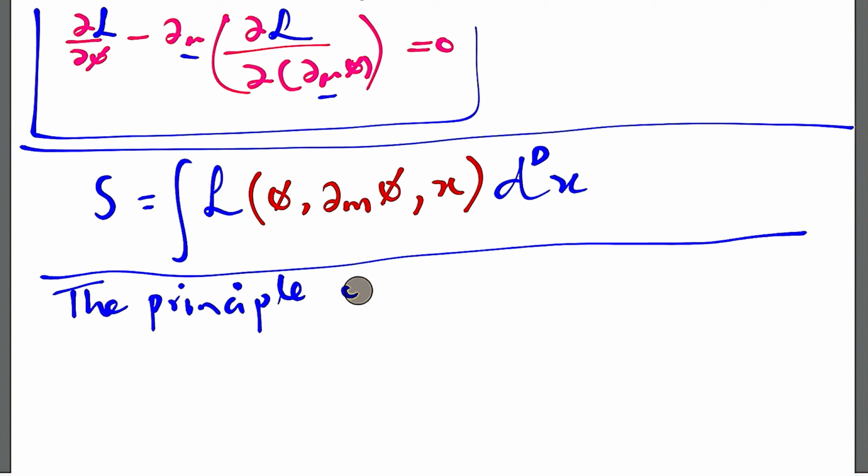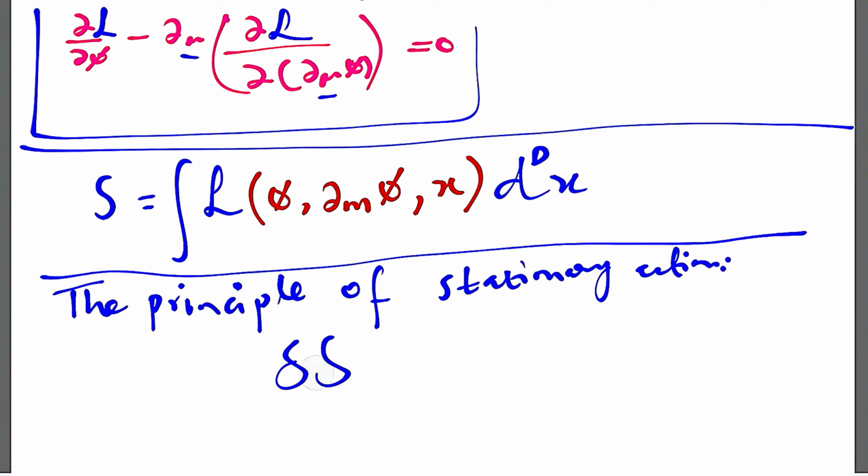Through the variational principle, we say that the variation in action, the infinitesimal variation in action, is zero. This is the principle of stationary action, and this principle actually leads to all of the physical trajectories that we see all around us.